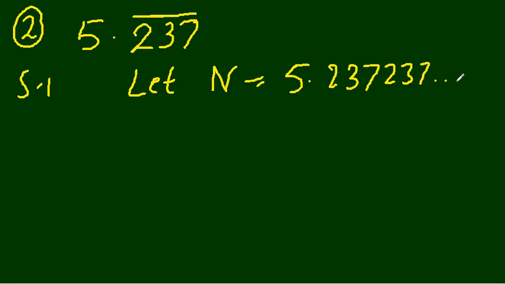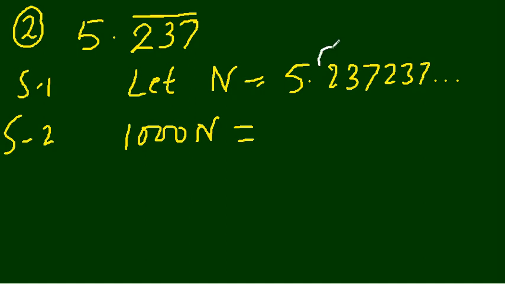So, I should multiply my n with 1000. So my step 2 becomes 1000n is equal to, what will happen if I multiply this with 1000? The decimal shifts to 1, 2 and 3, so that one full block is moved to the left hand side.